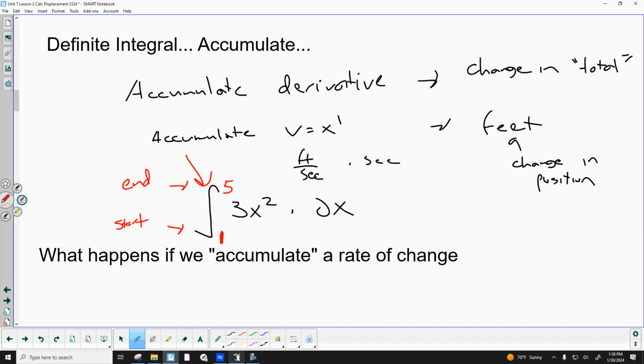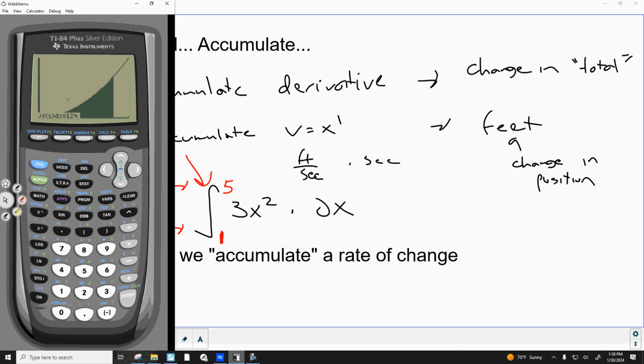You will be able to do this very thing in your home screen. Go into your home screen, get out of your graphing, go second quit. Quit is above mode, second quit goes to your home screen. Everybody in your home screen, go to Math, FNINT. Now again, why doesn't it say ACCUM? It doesn't for a reason we're going to learn next class.